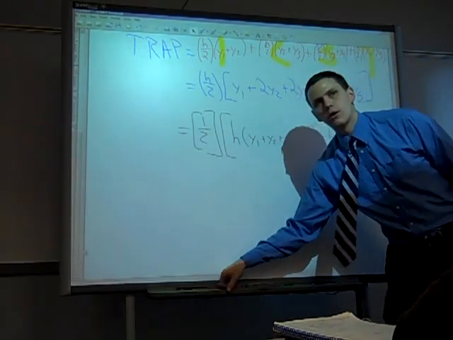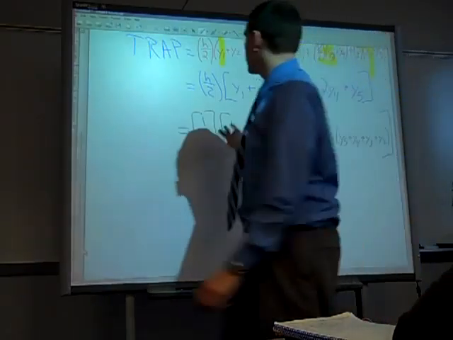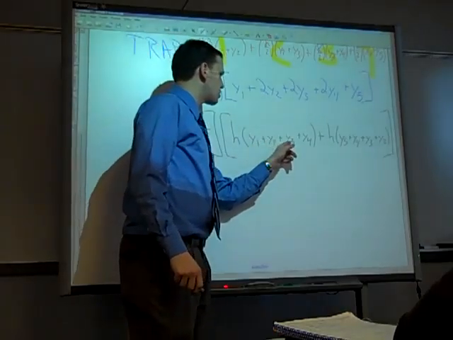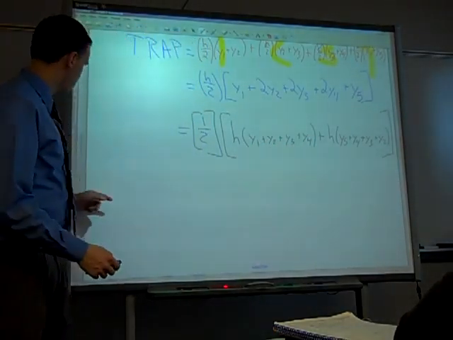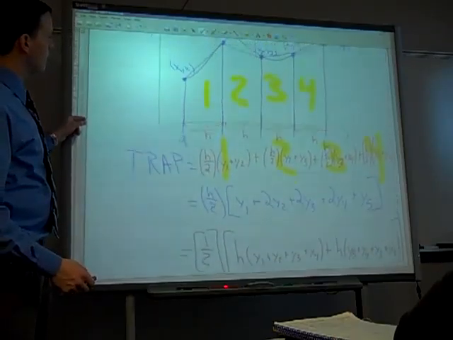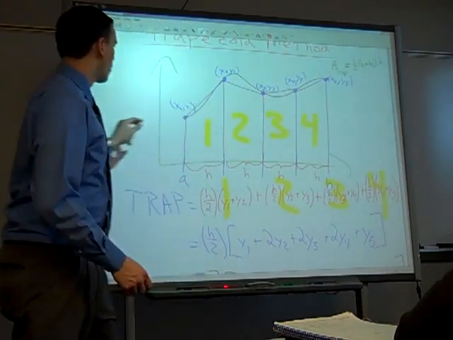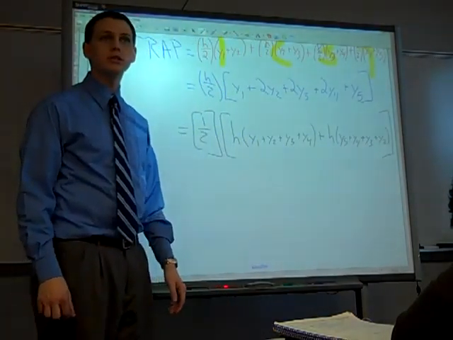Now I want you guys to notice what's going on, because h is your base, and y1, y2, y3, or y4 are the heights of which endpoints? Those are the heights of my left endpoints, right? y1, y2, y3, y4. And y5 through y2 is the height of my right endpoints.